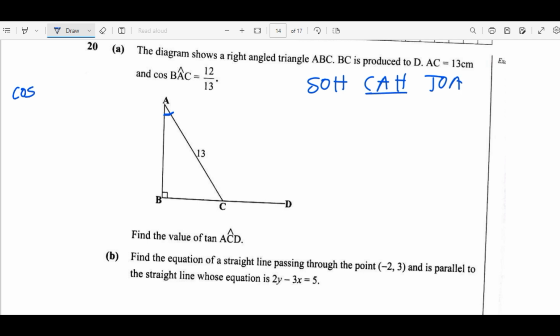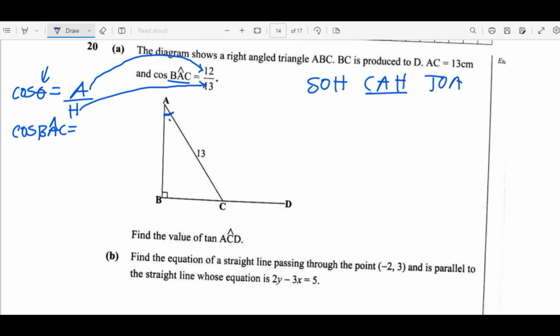So cos theta is equal to adjacent over hypotenuse. So cos of this angle BAC, where the middle letter represents the point where the angle is, this adjacent will go with this number here. Then the hypotenuse will go with this number here.